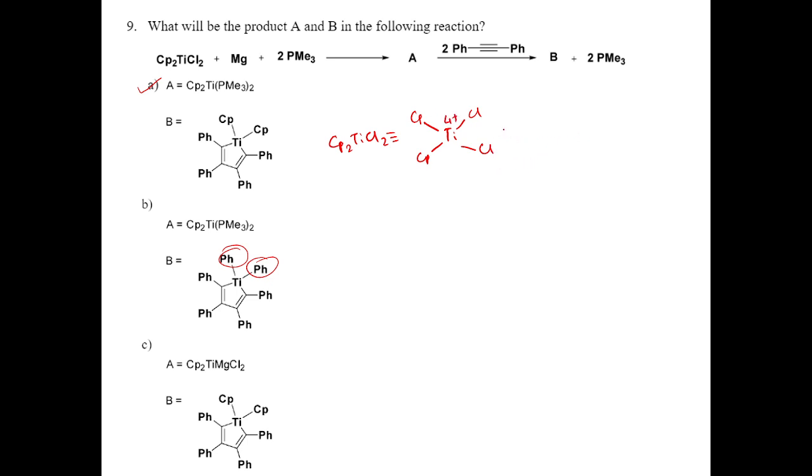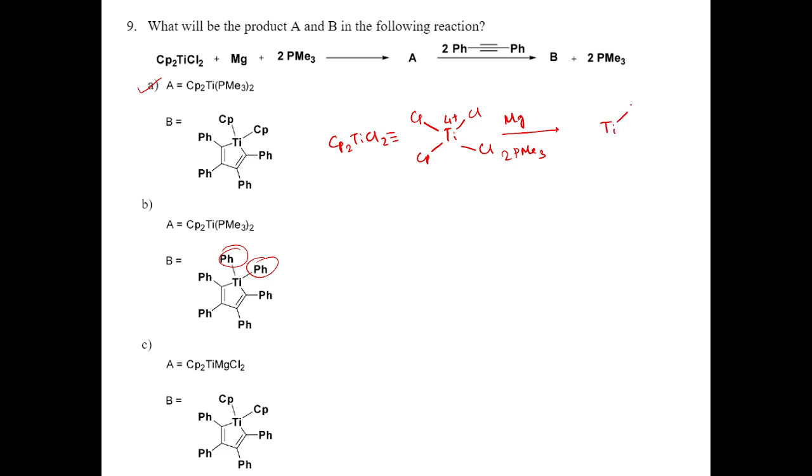Whenever you give magnesium and PMe3 in two equivalents, this chlorine will be replaced by this PMe3.